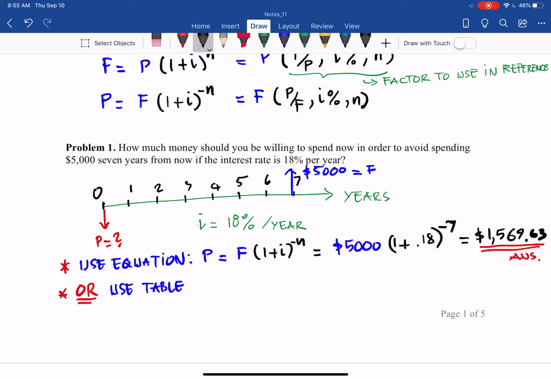We still have P equal to F, but given F find P, I can apply the factor P over F, I%, in this case 18% per year, for how many years? 7 years. And I just want to go to the reference and find out what that factor equals. Then we are done. So how to do it?